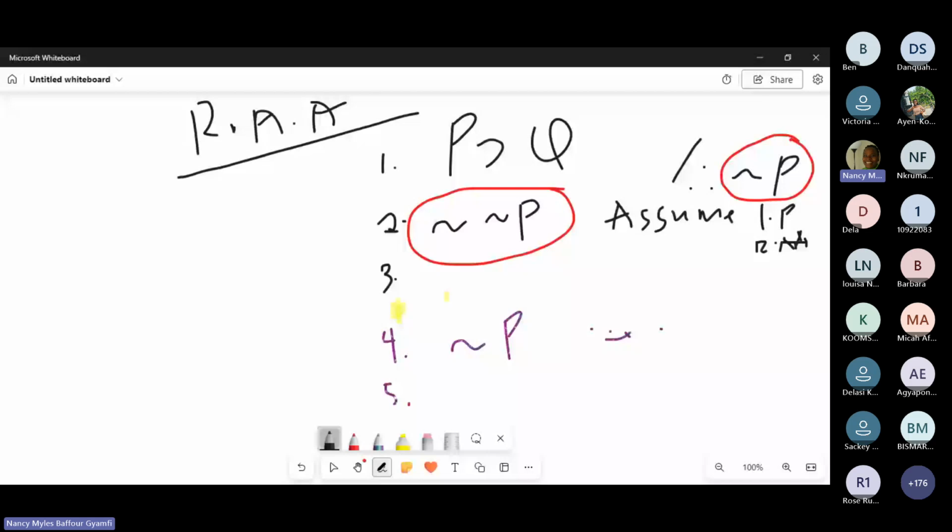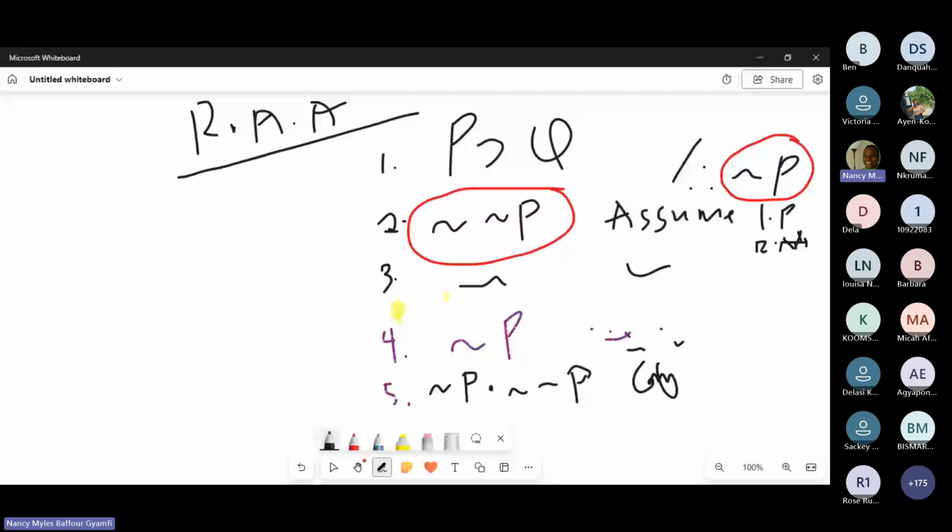Let's say there was a line 3 that was something else. Now we have line 2 and line 4. Then we quickly show that, look, on line 2 and line 4, we have a contradiction. We get this by conjunction of 2 and 4, and there is a contradiction.